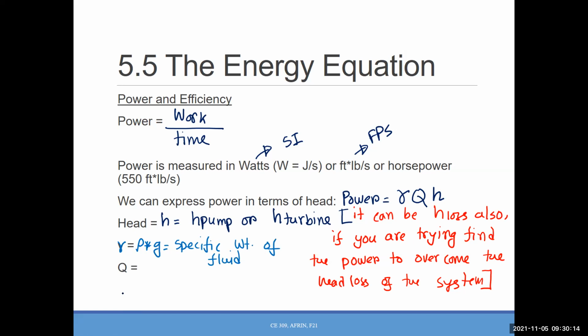And what is Q? What type of flow? The volumetric flow rate. Also, we can write down A times V. V has to be perpendicular to the A. Okay.